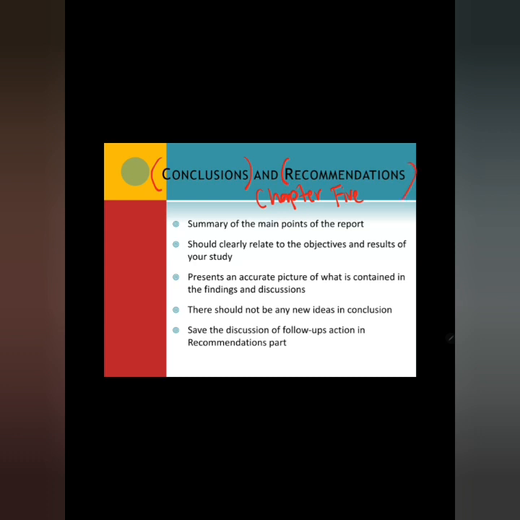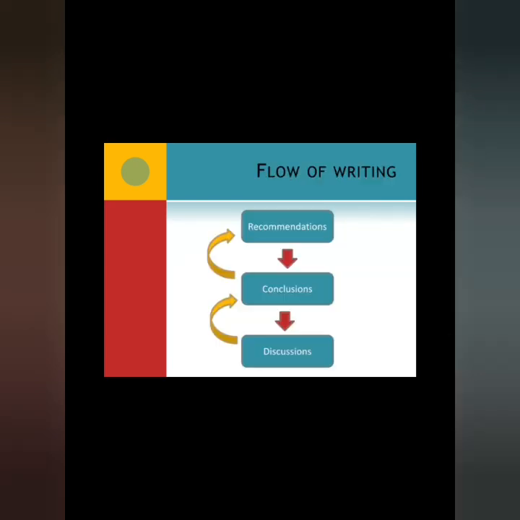This whole chapter is a kind of summary of what the whole study is about. Basically you will see the follow-up actions in the recommendation part. When you want to write all this, you have to make sure that before you can write the recommendation, you need to have your conclusion.